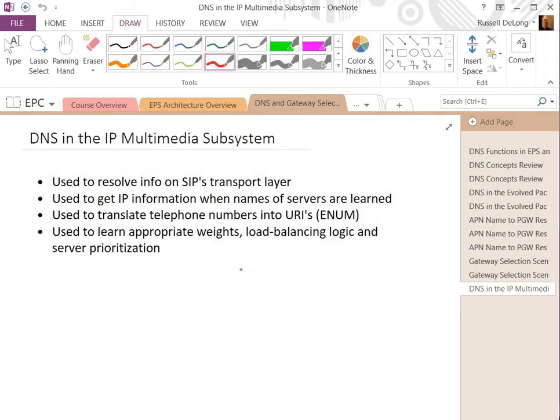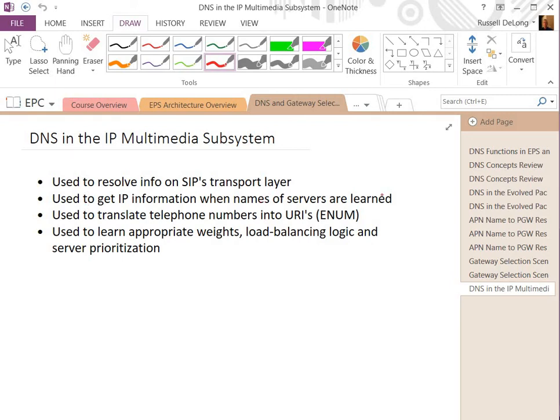So there's a need to learn in some situations. If you only know the name of a server, you need to know what transport layer it supports, if it supports UDP, if it's UDP and TCP, if it prefers SCTP, how to reach it, so it's sort of beyond the IP address. You also potentially have a need to know weighted information, like do I prioritize 1 versus 2? Do I send 70% of my traffic to gateway 1 versus gateway 2? That's going to be resolvable.